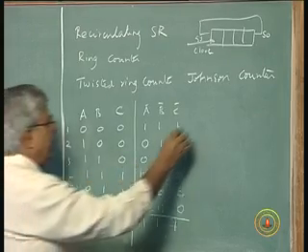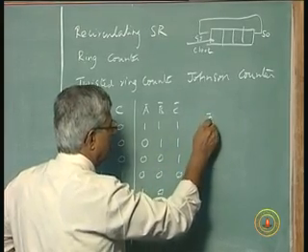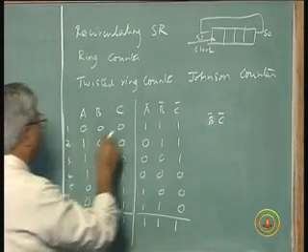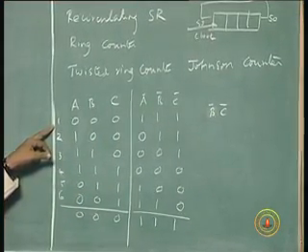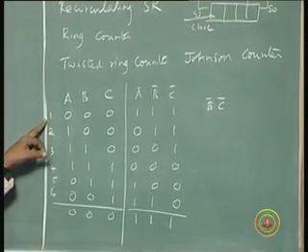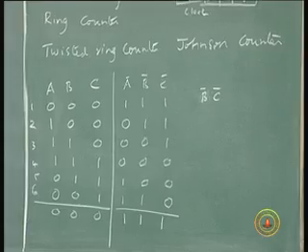Suppose I say A bar, B bar, C bar. B bar, C bar is 1 only for this clock period, is it not? Okay, it's wrong. I am sorry. Second one also it is wrong.